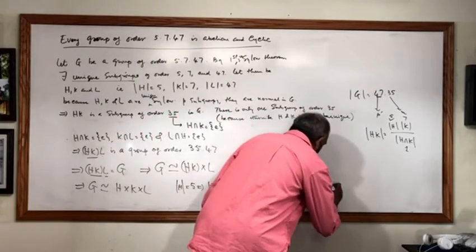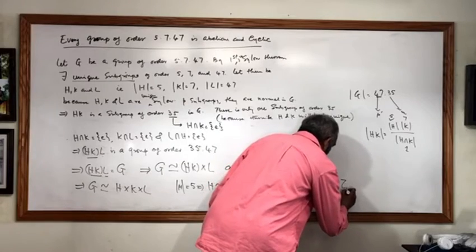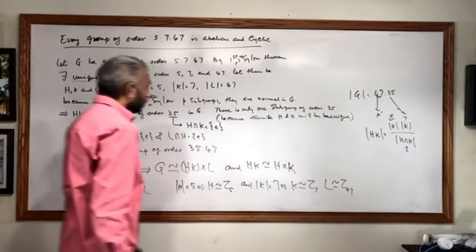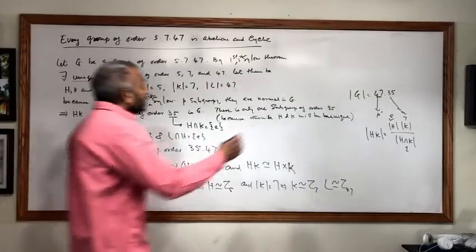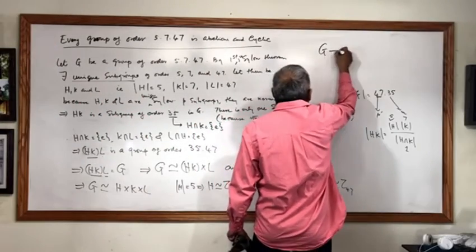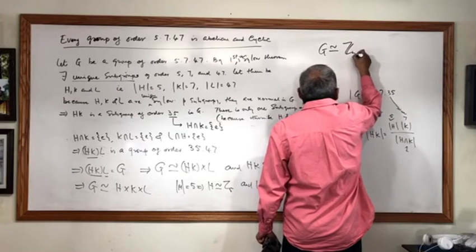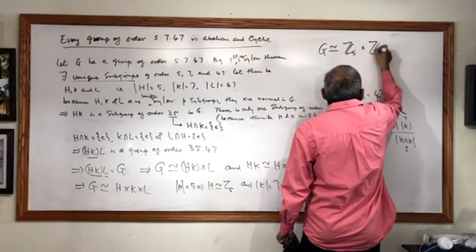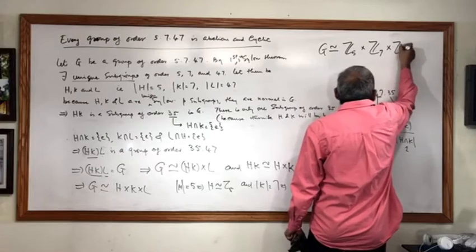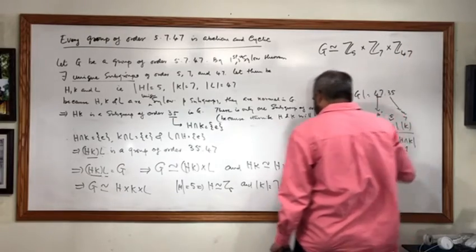Similarly, L is isomorphic to C47. So that means G is isomorphic to C5 times C7 times C47.